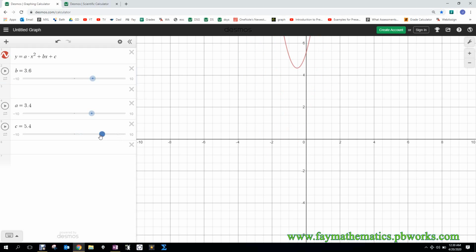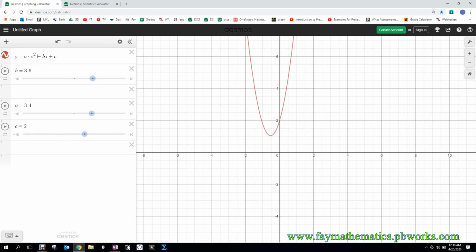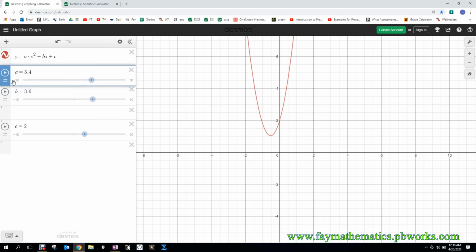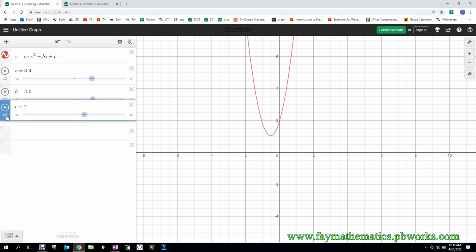And I'll move the c too. There we go. All right. So here we see if we had the actual equation, we have 3.6 x squared plus, or sorry, these are backwards. Let's move these. So my a, my b, and my c. So it'd be 3.4 x squared plus 3.6 x plus 2.